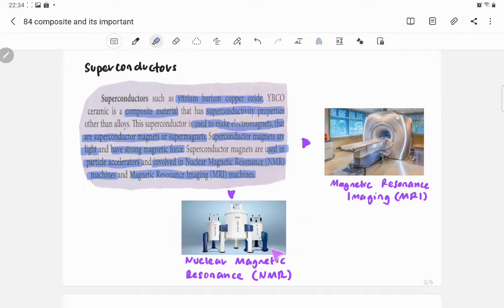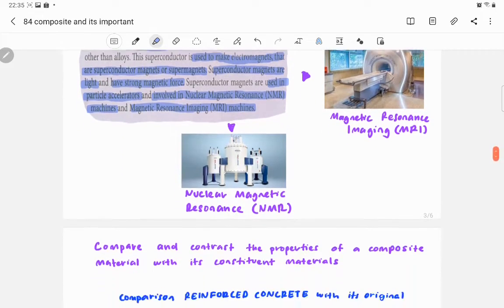And then for nuclear magnetic resonance, selalunya machine dia dalam bentuk macam ni. So bila kita sebut saja superconductor, dia punya example adalah yttrium barium copper oxide YbCO, which is a composite material that has superconductivity properties other than alloy. So these are the uses for the superconductor.